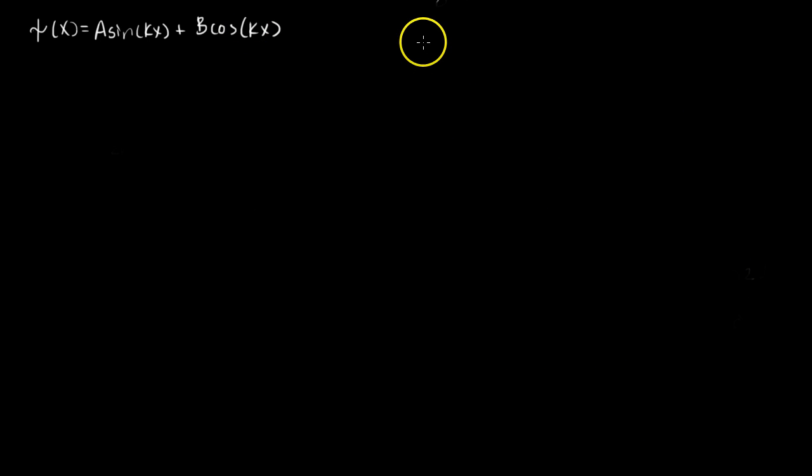I have just made some more room so we can solve this. We just said that psi of x is equal to a sine of kx plus b cosine of kx. Now remember when we drew this picture for the infinite square well, we said the potential was 0 from 0 to a, and infinite anywhere else.